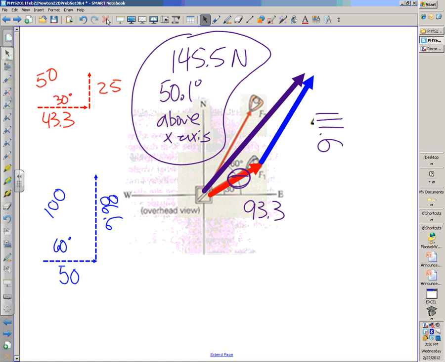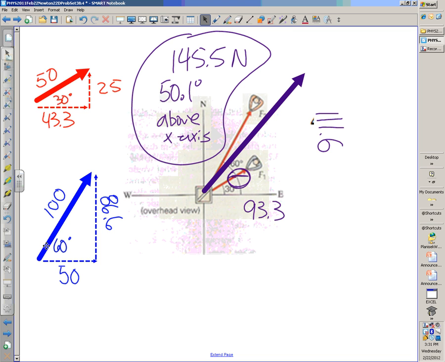So taking these red and blue ones, because neither of them was on the x or y axis, we brought them over here, and we broke them up into their separate components. Each of them has an x component, each of them has a y component.